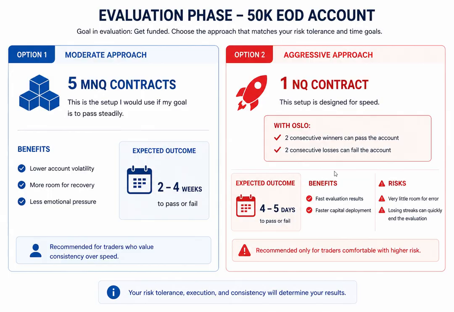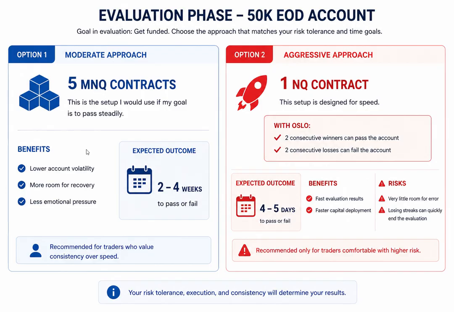If I want a more moderate approach, say the goal is to pass on average between 2 weeks to 3 weeks on 50K EOD, I will opt for trading 5 micros.